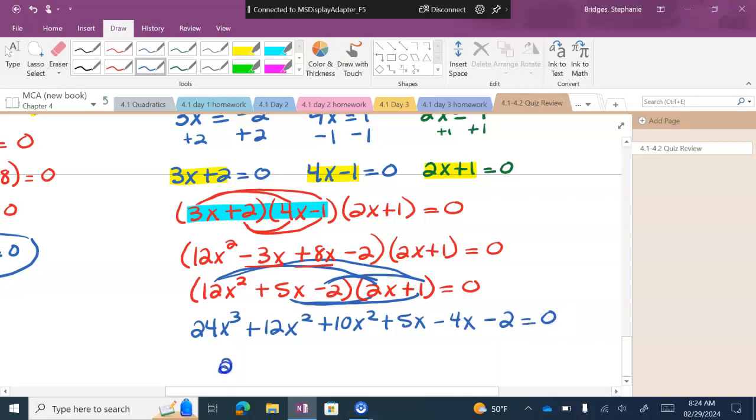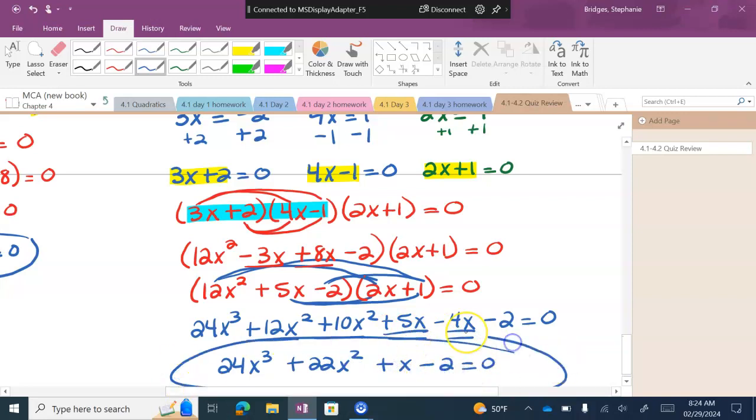And then we combine our terms. 24x to the third, plus 22x squared, plus 1x, minus 2. If you don't put your equal sign with a 0, a y, or an f of x on it, it is going to lose you a point because the directions say to write an equation.